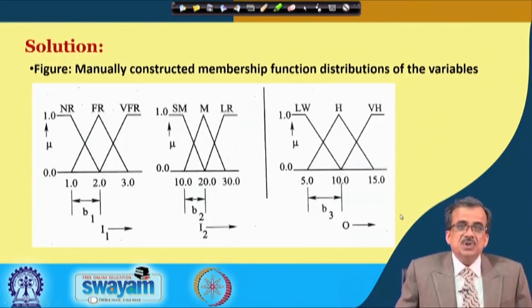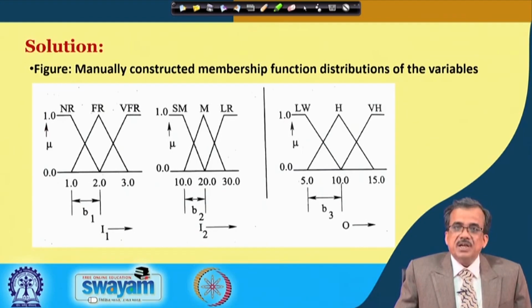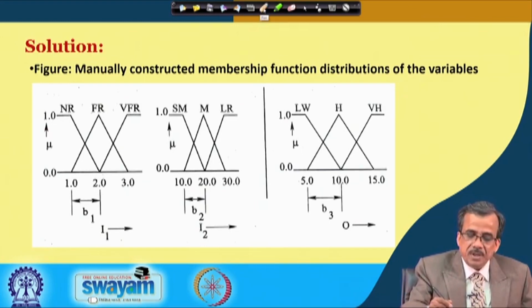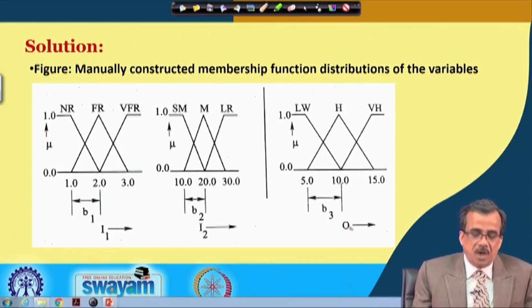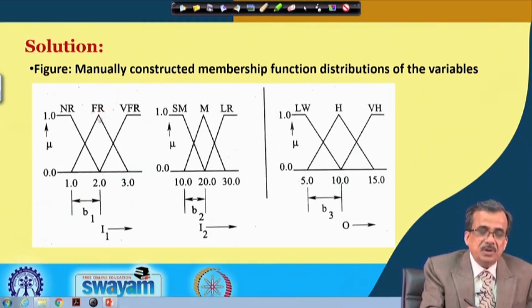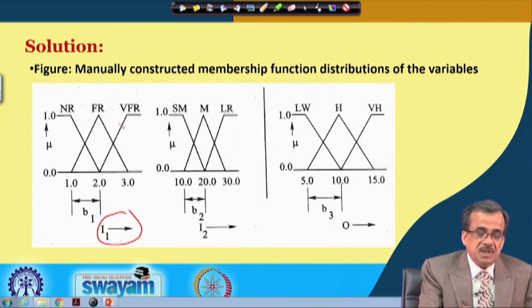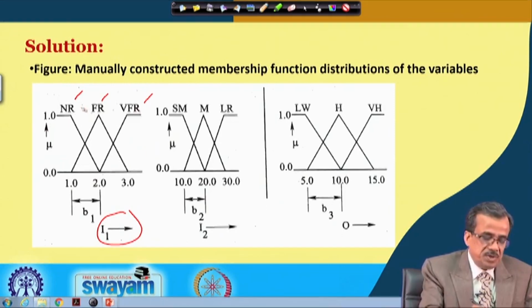Now, this shows the manually constructed membership function distribution for I1, I2 and the output. As I told, for this particular I1 there are 3 linguistic terms, near, far and very far, and we are considering the triangular membership function distribution.